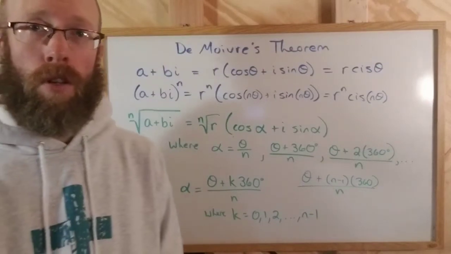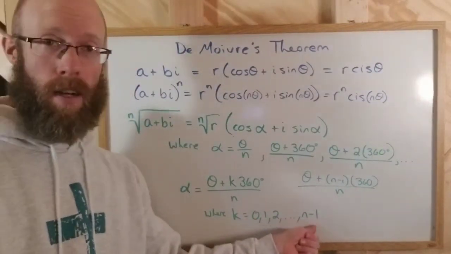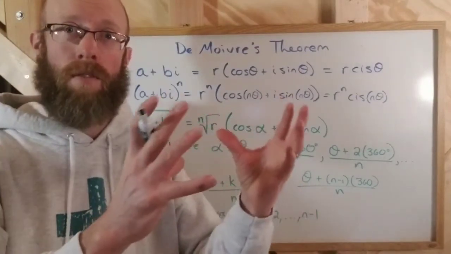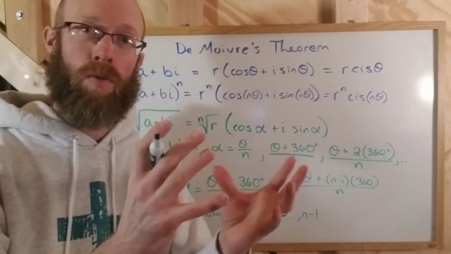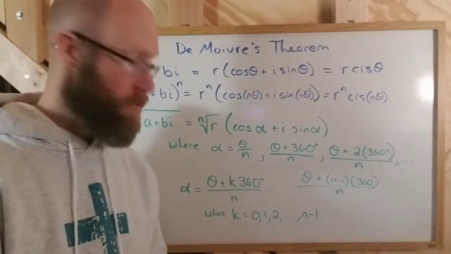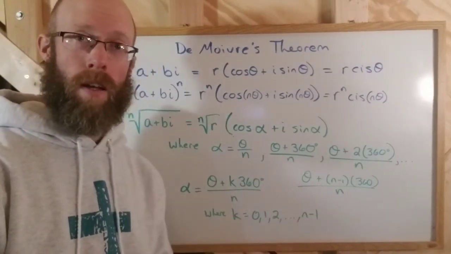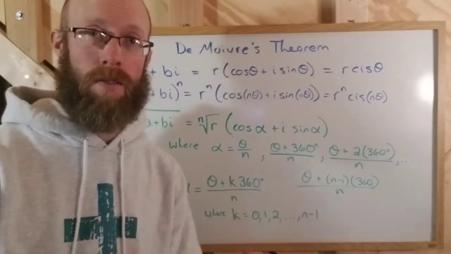All right, so if you're looking for 10th roots, you're going to have 0 through 9 here, right? 0 through 9 is 10 different values. That gives you the 10 different angles, and they'll be spread equally around the circle. Okay. If you're looking for a 7th root, then you'd have 0, 1, 2, up to 6. Okay, and that will give you, 0 through 6 is 7 different angles.